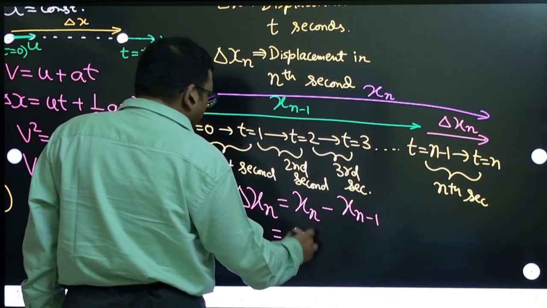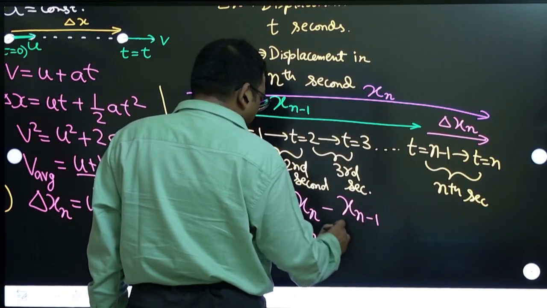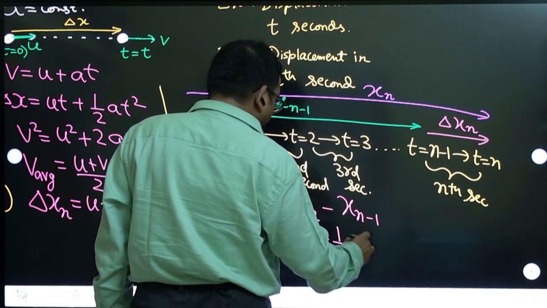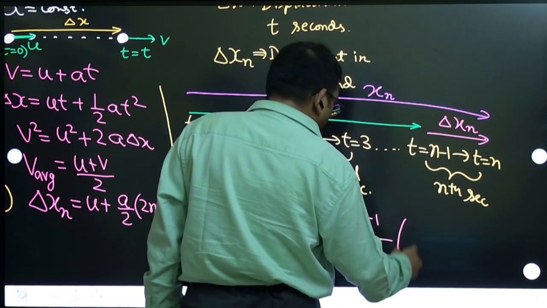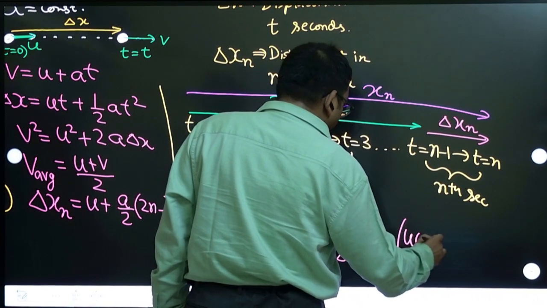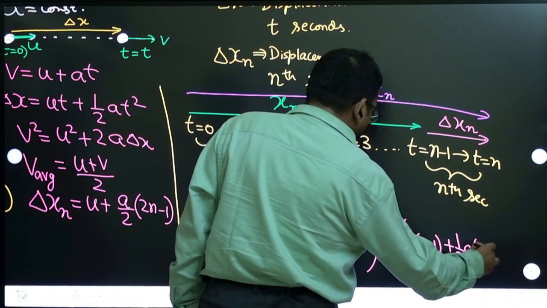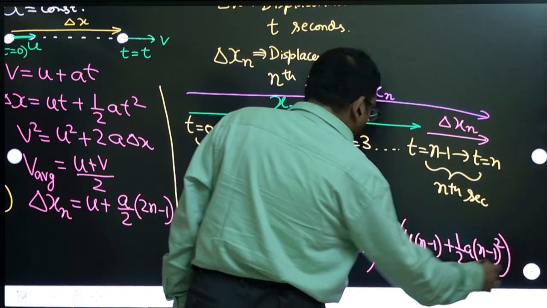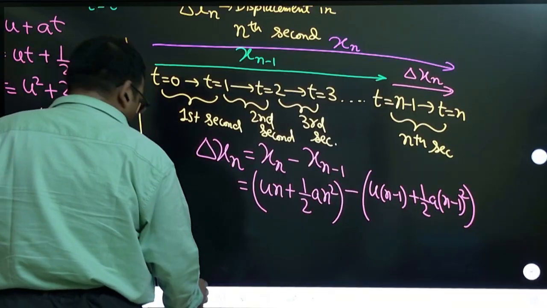So time here is n, un plus half a n square minus u n minus 1 plus half a n minus 1 whole square. Now you solve this.